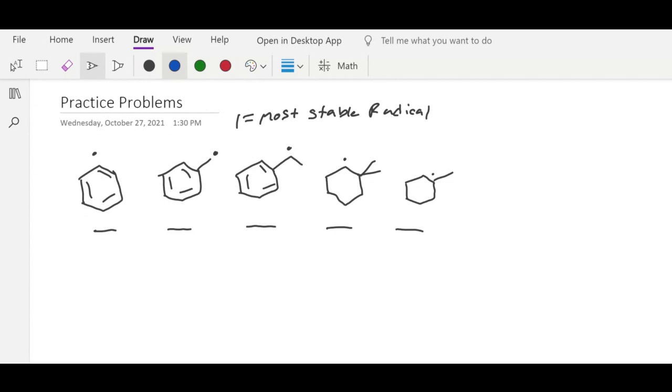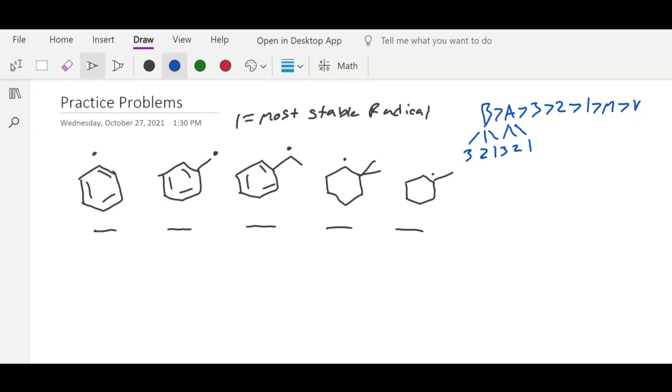So I'm going to write it off to the side so I don't get mixed up. So we have benzylic, allylic, tertiary, secondary, primary, methyl, and vinylic. Okay? And within benzylic and allylic, I have 3, 2, 1, 3, 2, 1.